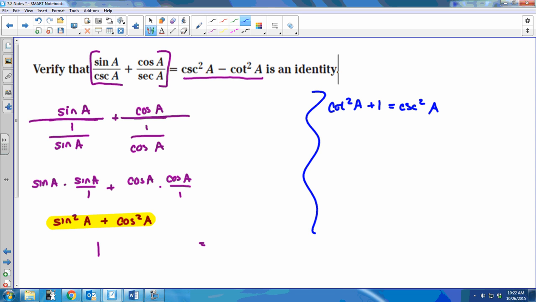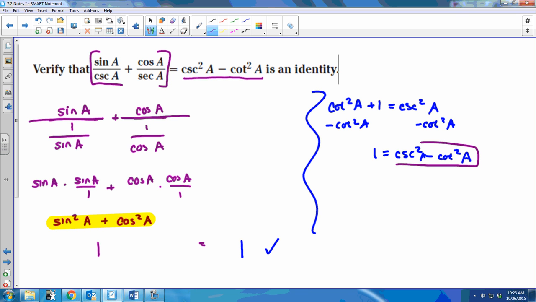I need to rewrite that so that I have hopefully cosecant minus cotangent. Well, it says 1 equals cosecant squared minus cotangent squared. So cosecant minus cotangent squared also equals 1. So I've shown that both sides are equal to each other.